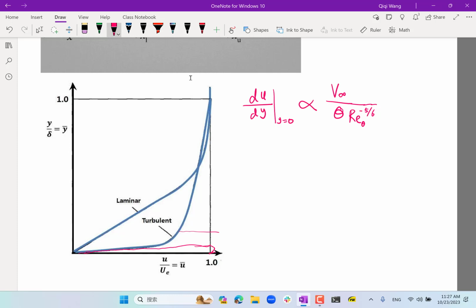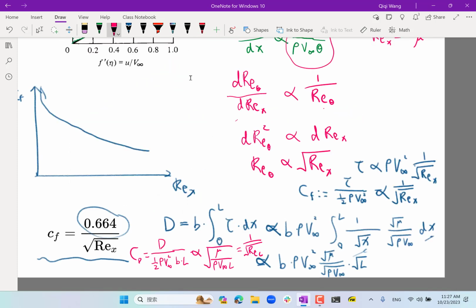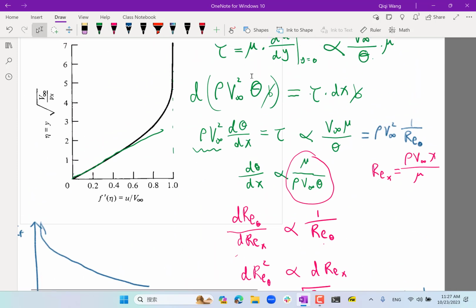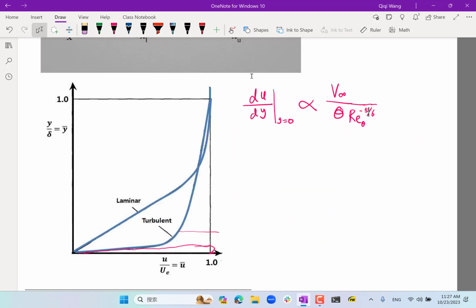Okay. I think I can skip the derivation, but you can follow exactly the same analysis I did on the last page. Let me do a little bit of derivation, but skip most of it. So tau would be proportional to mu times du/dy.